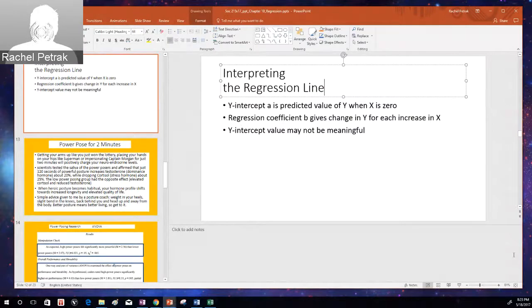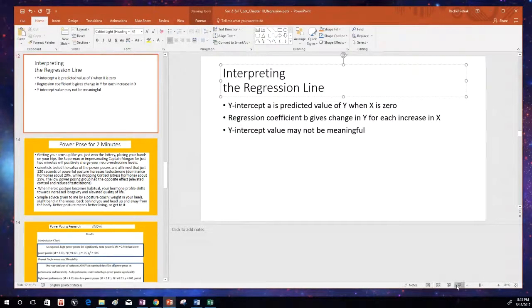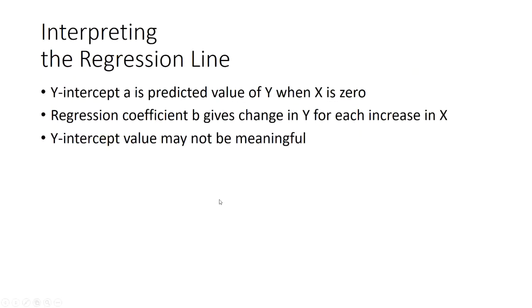So the regression coefficient gives us the change in y for each increase in x. This sounds familiar, why? Because it's the same as the correlation, but why would we need regression if we have correlation?